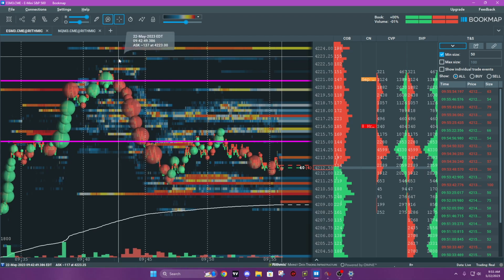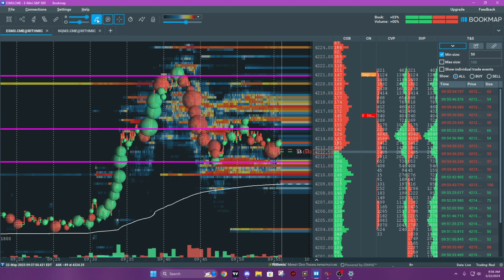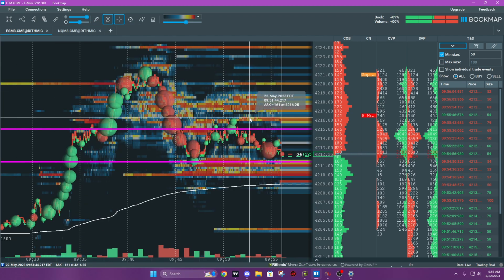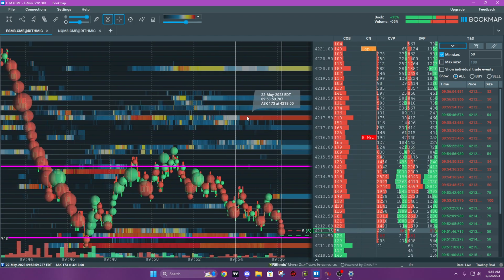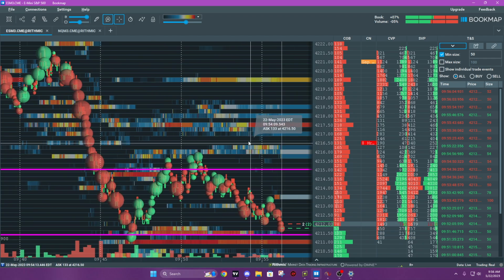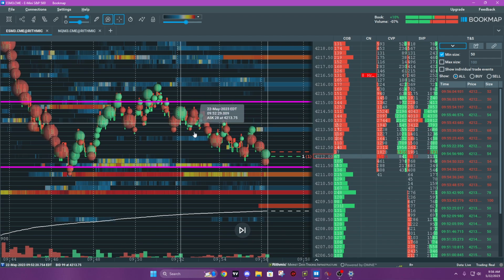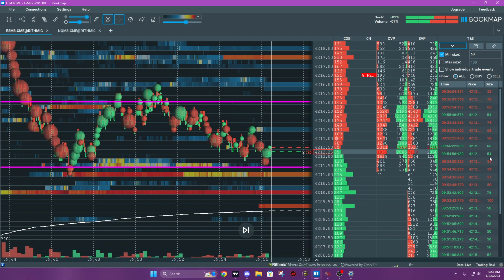So maybe a range like these pink lines right there. Yeah, not a lot of huge orders coming in. So you can definitely tell a little bit more chop right now just because there's no big orders.